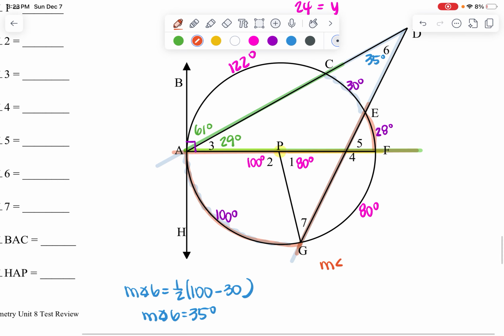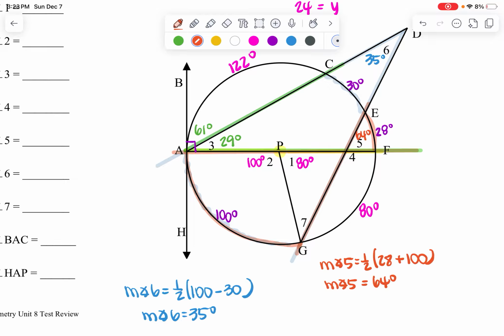So the measure of angle 5 is half the 28 plus 100. All right, so half of 128 is 64 degrees. So it's 64. And 4 is its supplement, so 116. You also could have found that by averaging its two intercepted arcs, which would be the 122 and 80, right?